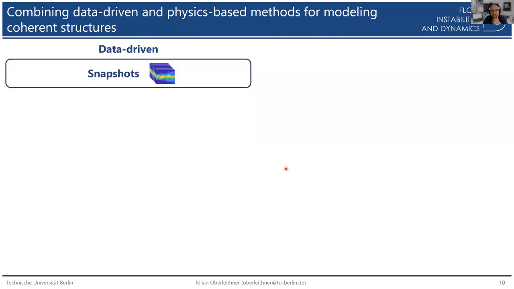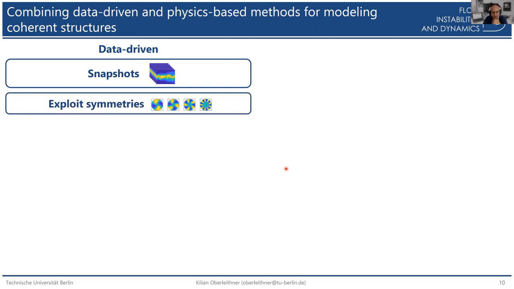The data-driven approach is based on flow snapshots that we either get from experimental measurements like PIV or numerical simulations like LES. The first step is to exploit some symmetries. If you already know your coherent structure has a certain azimuthal wave number, for instance, you can impose this as a preconditioner onto your data.